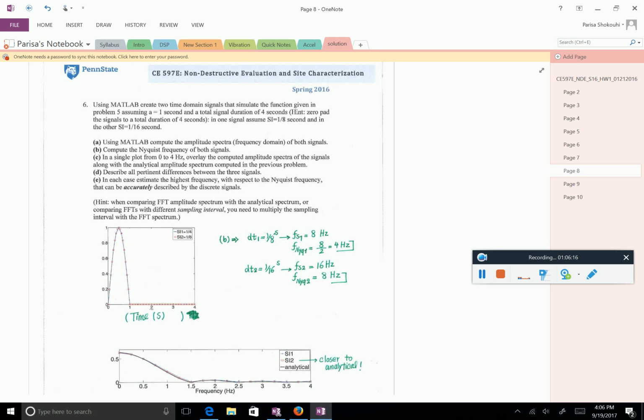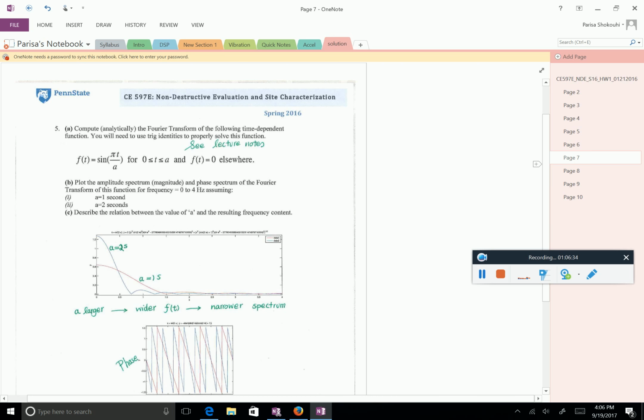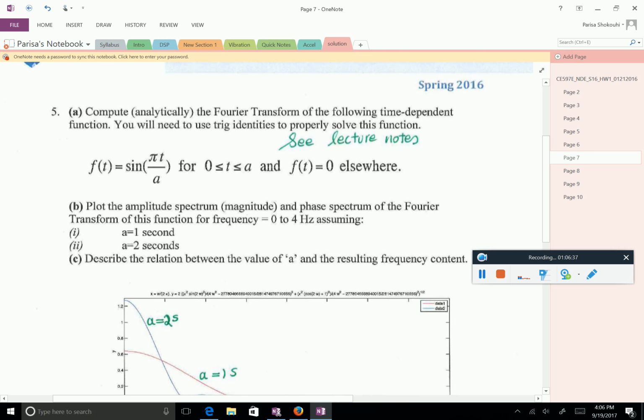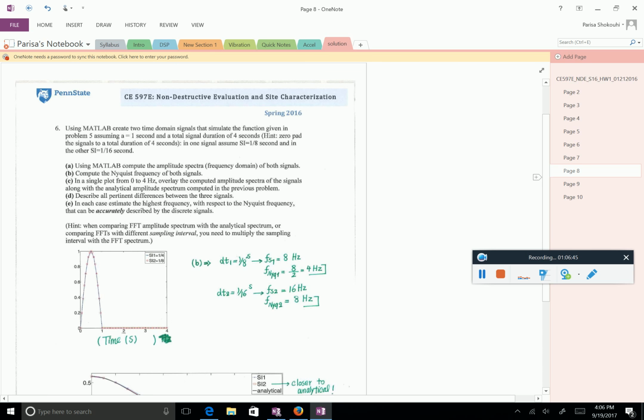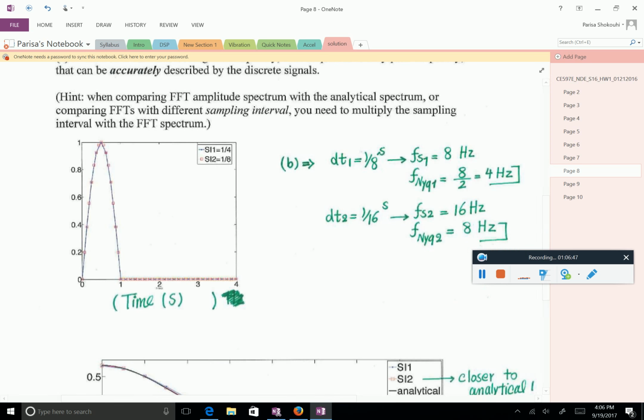So here I wanted you to create the same half sine yourself digitally, using two different sampling intervals. If you look at the equation here, this is not a sinusoidal, it's a half sine and then nothing else. So you needed to create this digitally with two different sampling rates.